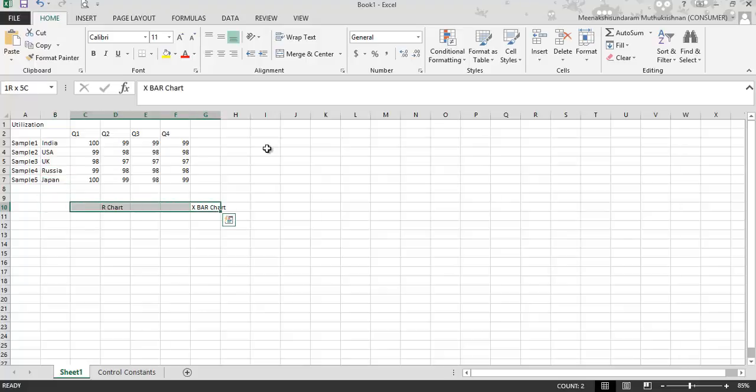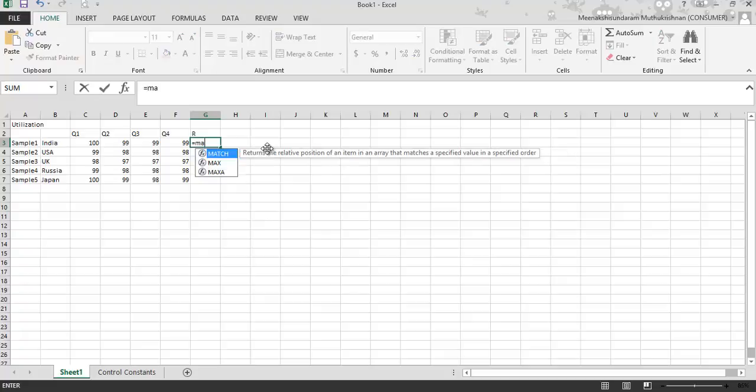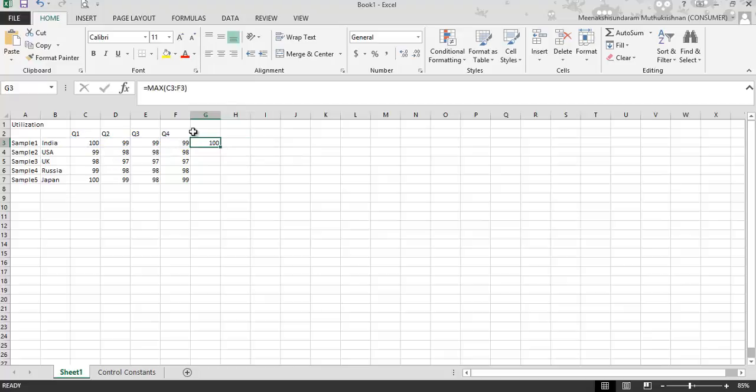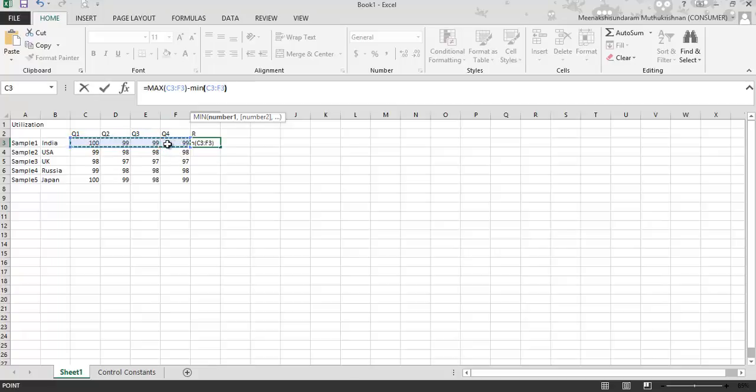We will now go through how it is calculated. The first one to understand is the range. Range is nothing but R. Range is the maximum of these samples minus the minimum of the samples.